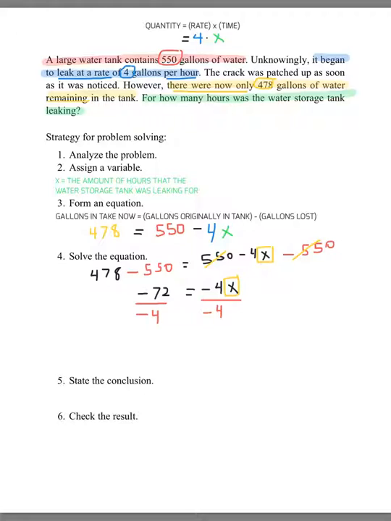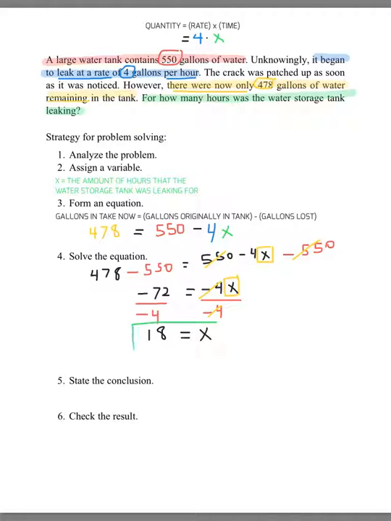So on the right-hand side, we end up with a negative 4 divided by a negative 4. Those simplify out to give us 1, so we're left with 1x, which is the same thing as simply x. And on the left-hand side, negative 72 divided by negative 4 leaves us with an 18.